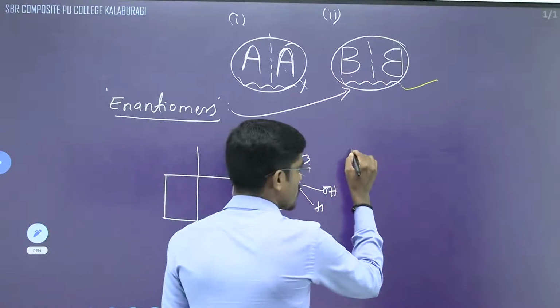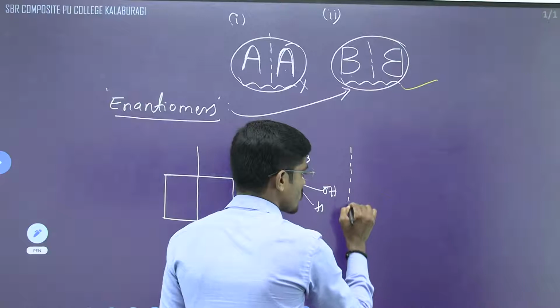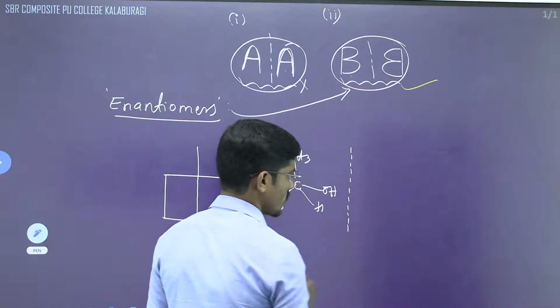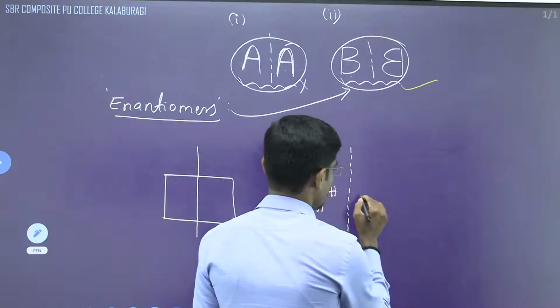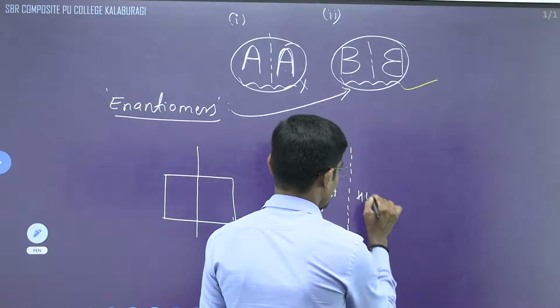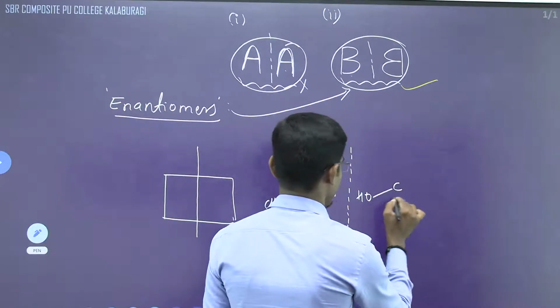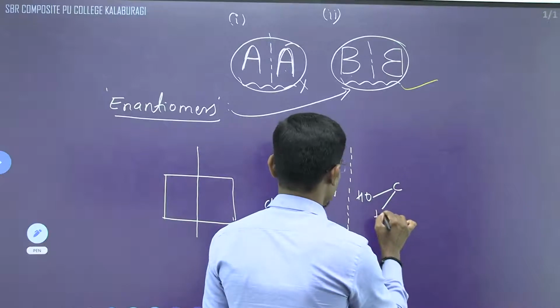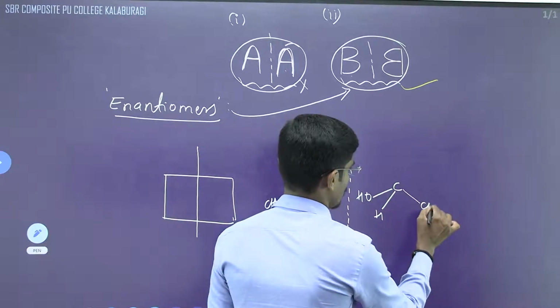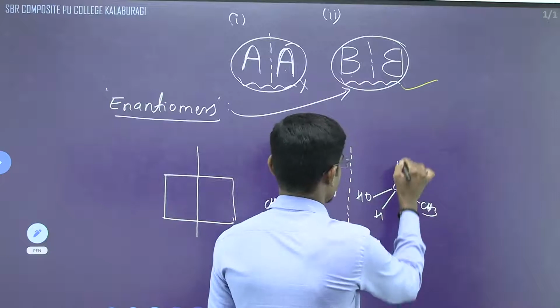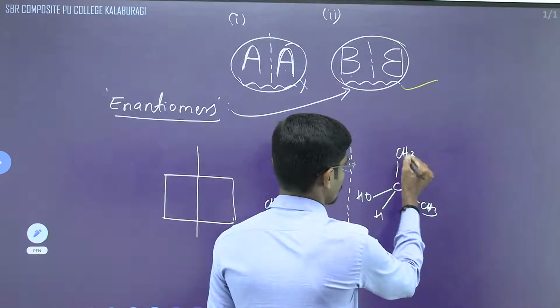If we consider the mirror image of this, it gives HO, one carbon and another hydrogen, CH3, and this is another CH3 group.